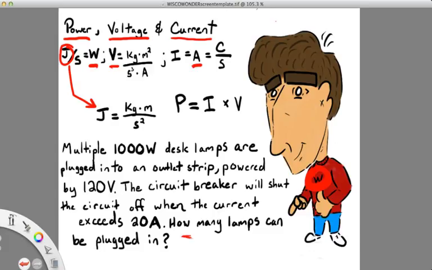The circuit breaker will shut the circuit off when the current exceeds 20 amps. So how many lamps can you plug in before the circuit breaker shuts off?